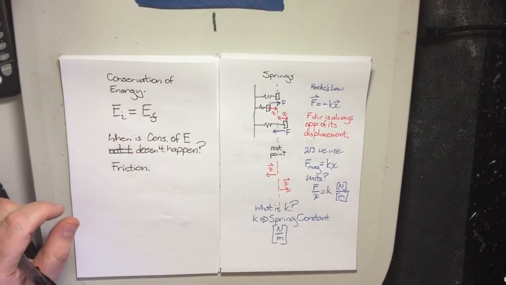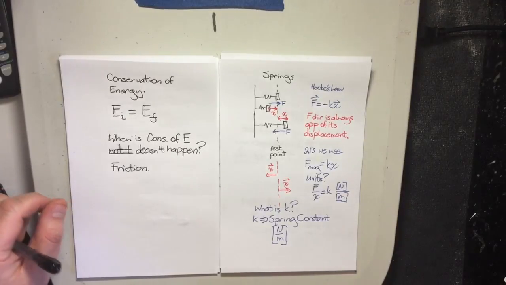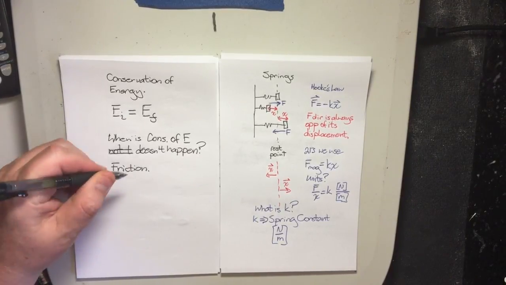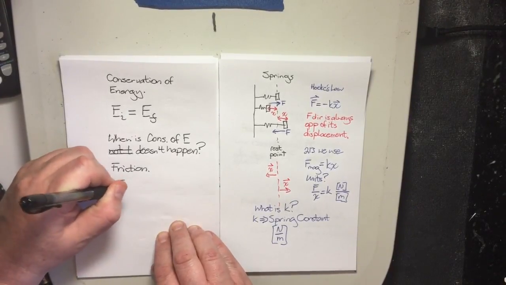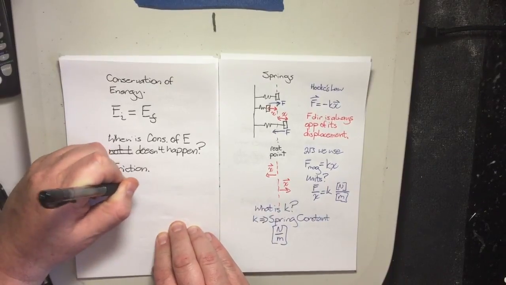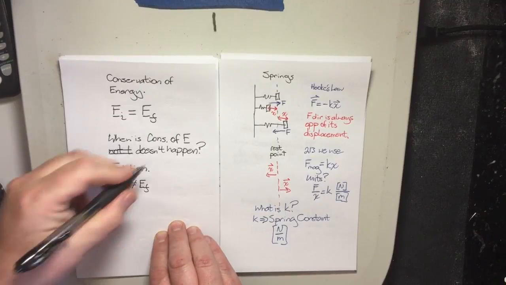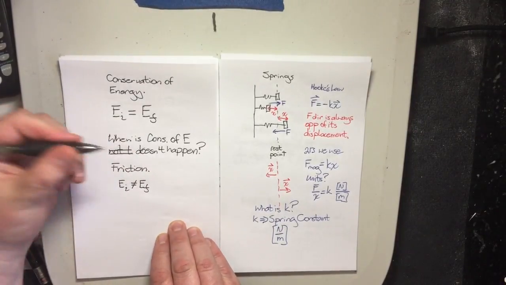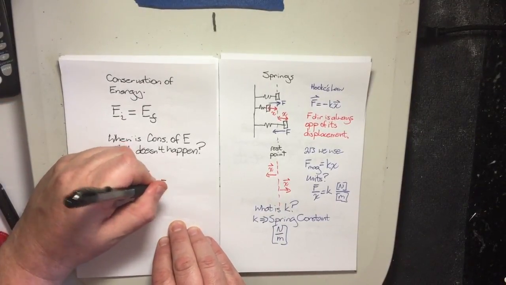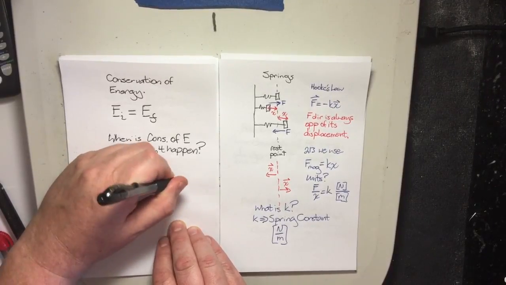If I go, there is friction, boo, there's friction, then that just means that the energy initially is not equal to the final energy. And typically, if there's friction and there's nothing entering the system, energy initial is greater than the final energy.